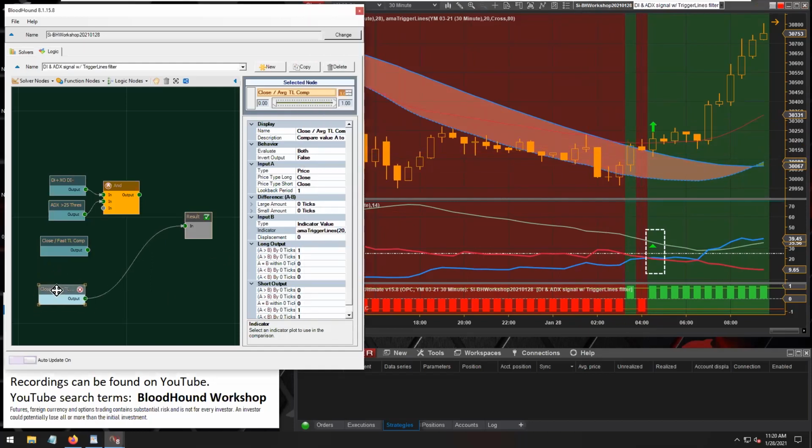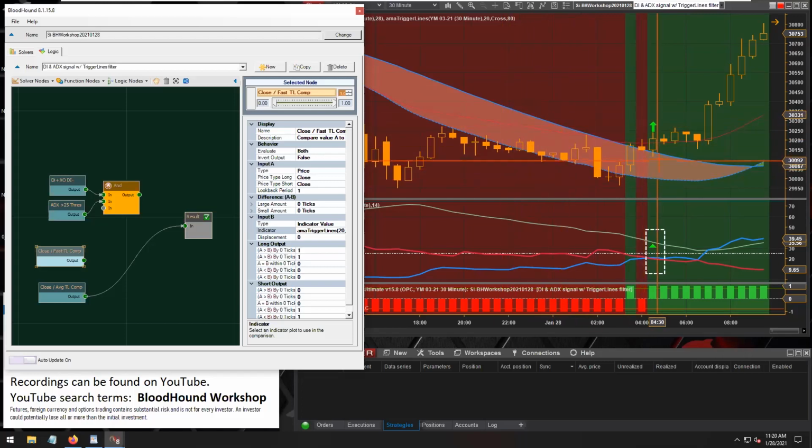So now we need a mechanism to determine which of these solvers do we use. Which comparison do we want? Are we supposed to be comparing the close to the average line, or the faster line? It's basically whichever line.